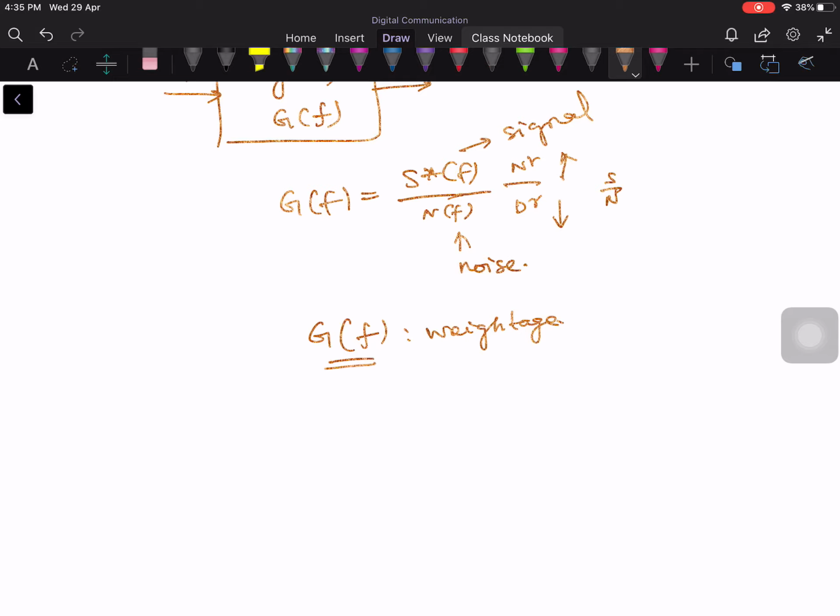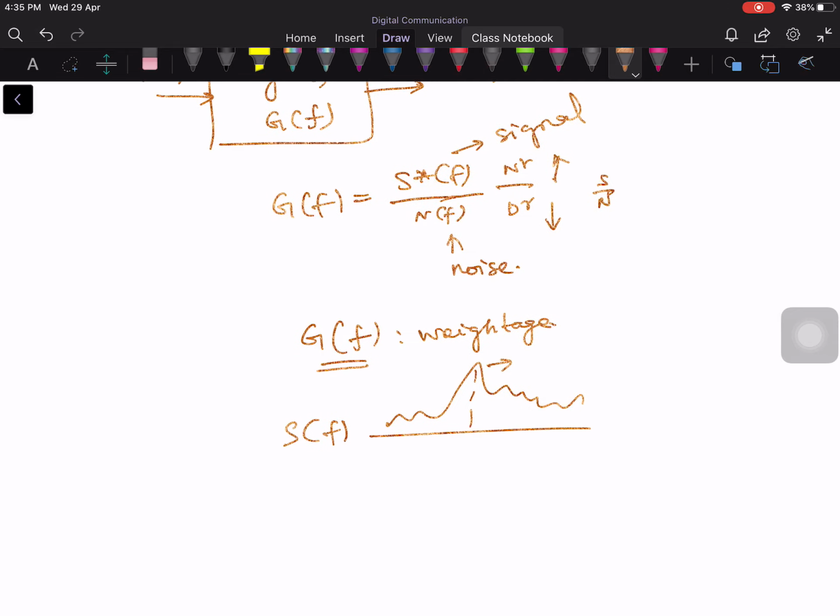Now the components which have most contribution from the signal only are highlighted. If you take S(f), at some frequency component you have a maximum value. Let's say the frequency is f1. At this point you will have the maximum value, so this value will be highlighted. Highlighted means given more weightage, and wherever the noise is more, it is not given more weightage.